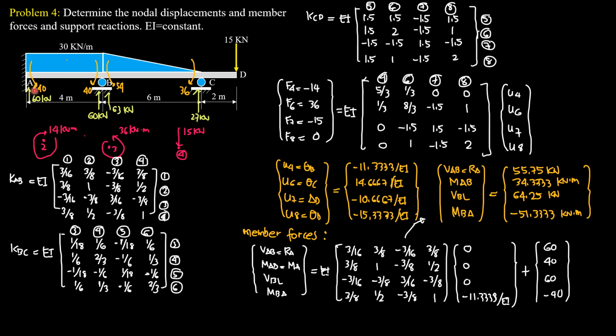So for the stiffness of AB, factor out EI. Then we have here 12 EI, 12 times 1 over 4 cube, so 3 over 16. 6 EI, 6 times 1 over 4 square, 3/8. Then the negative of 3 over 16.